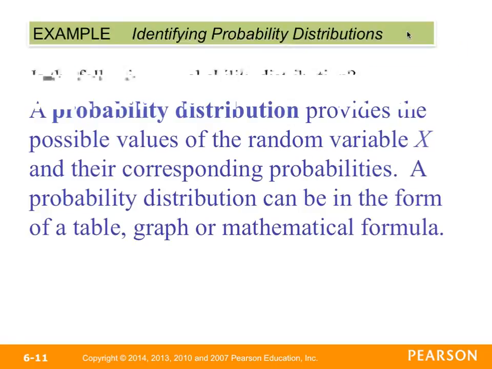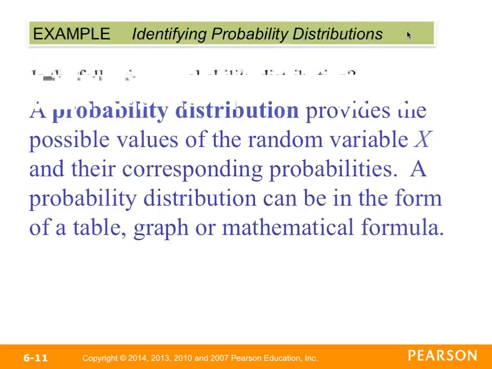Those are the two basic rules that have to be true for a discrete probability distribution. So the next thing we want to do is look at some examples of things that look like probability distributions and determine if they actually are probability distributions. Again, we need to check those same two things. We need to make sure that all of the probabilities add up to 1, and that all of the individual probabilities are between 0 and 1.